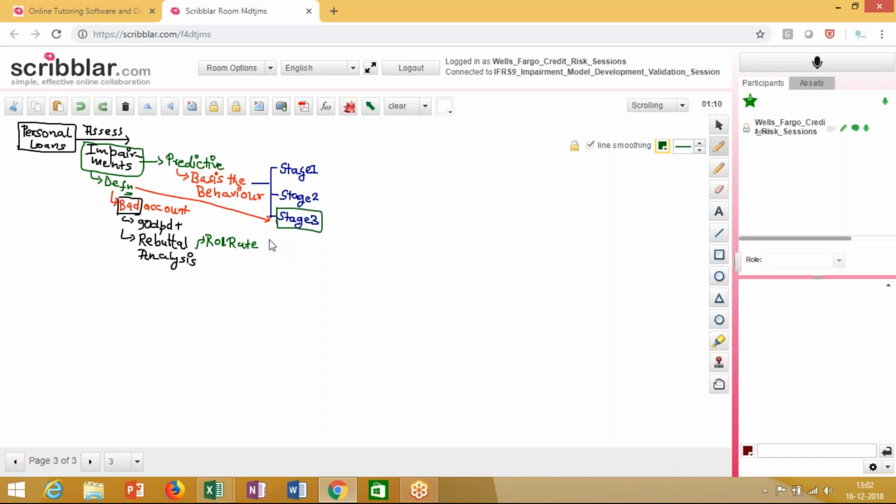In stage 3, you know that it is impaired, so it's an incurred loss. So you put aside the entire amount outstanding as your provision. Or say you have kept aside some provision previously when it was in stage 2, and then you keep aside the remaining amount. So at the end, it's 100% that is kept aside.